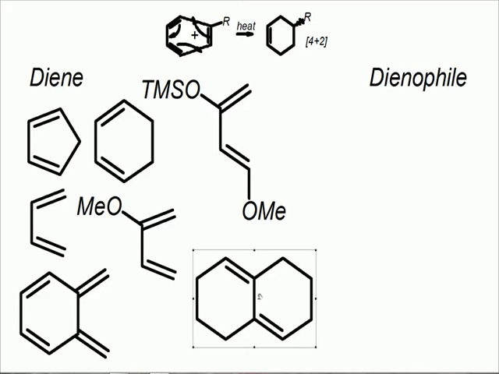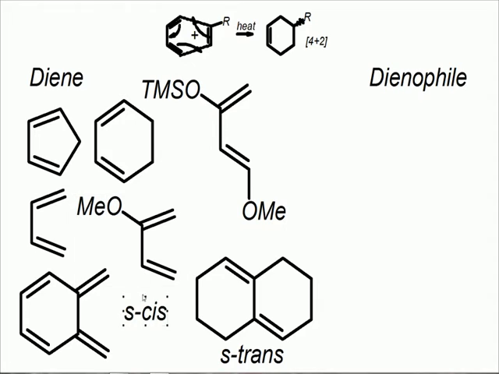This is called the s-trans because it's trans across this sigma bond. Notice every one of these here, the diene is on the same side of this single bond right here. See, single bond right there, single bond there. These are all s-cis.